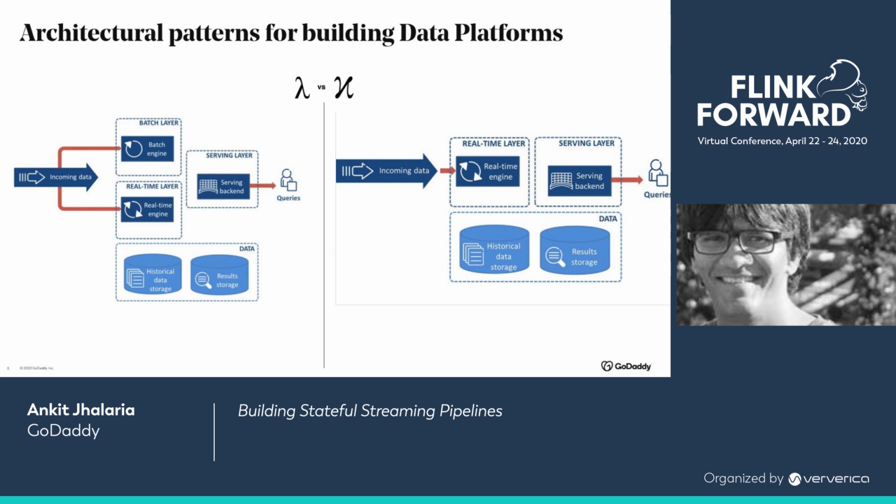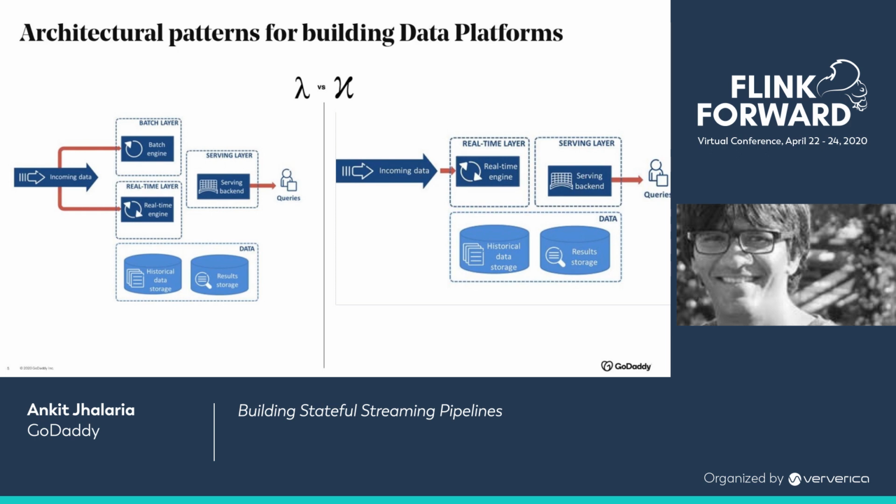The pattern on the right, however, is called the Kappa pattern. It might look similar to the pattern on the left, minus the batch layer. So in a Kappa pattern, there is no batch component. It's designed with streaming first as the principle, and then it is flexible enough to allow you to run your batch jobs if you have to.